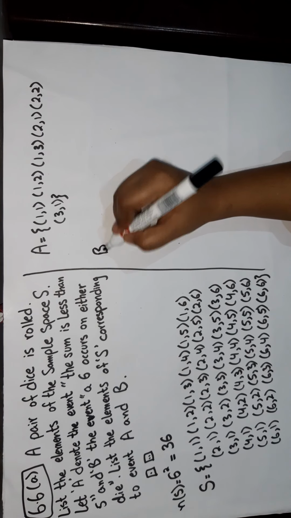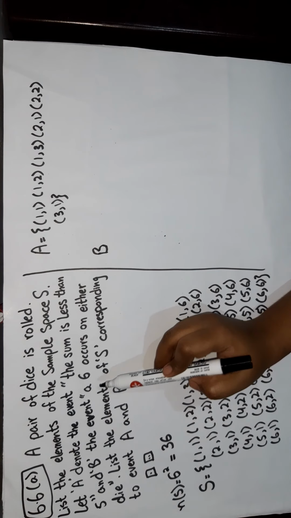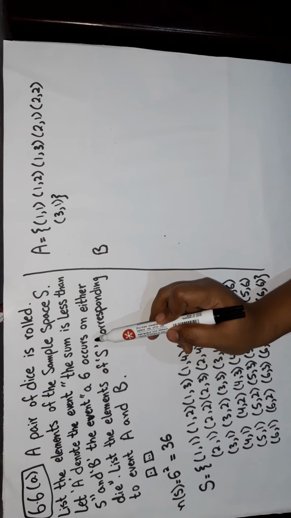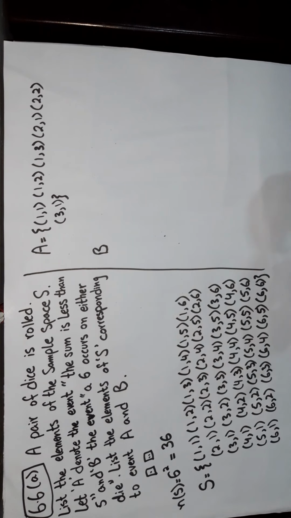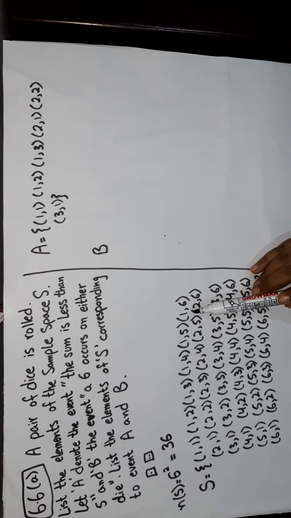Now event B. Event B is that a 6 occurs on either die. On either die means on the first die or on the second die. Here we can see that in the last line 6 occurs on the first die, and in the last column 6 occurs on the second die.